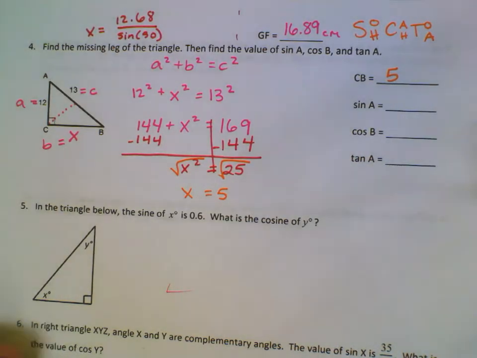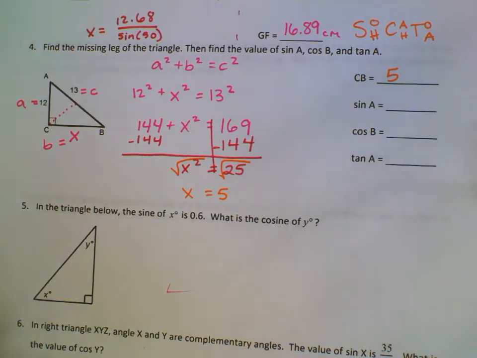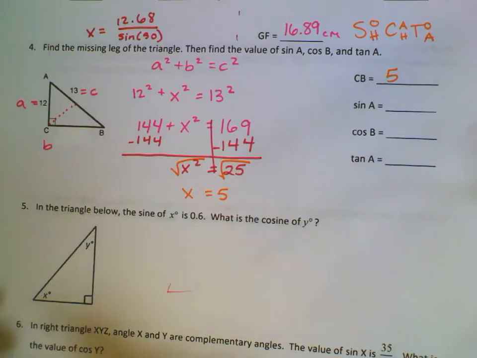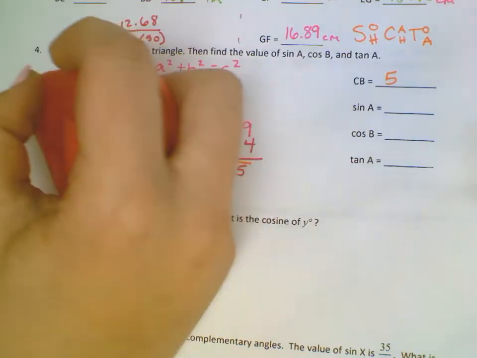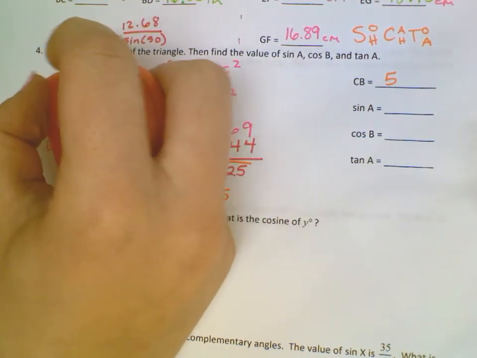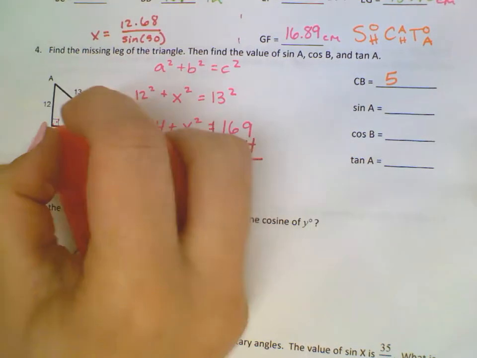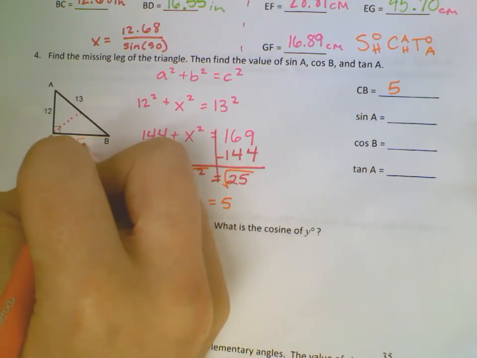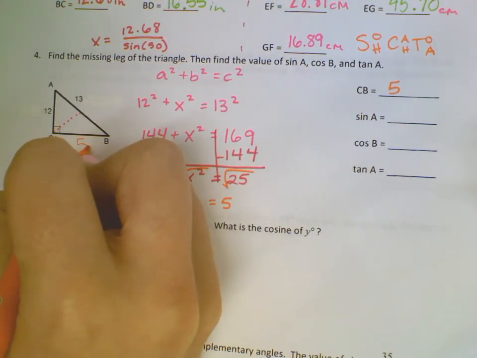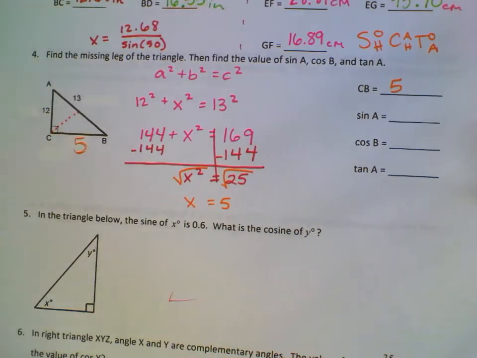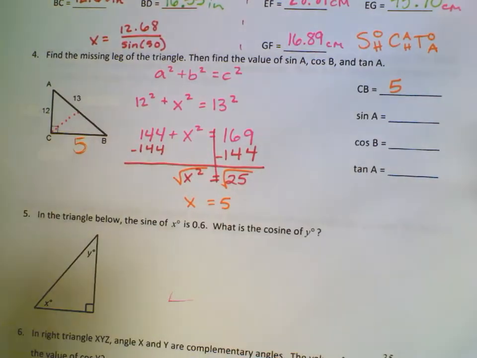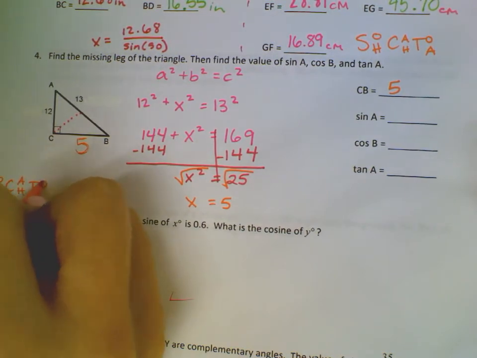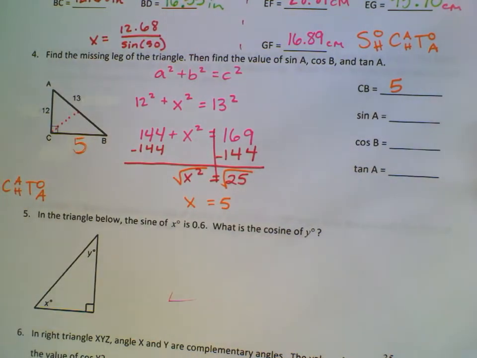And just so I don't get confused, I'm going to erase this real quick so I don't have all these letters running around and we can see everything clearly. We just solved, and this is 5. Now, it says sine of A. We need to remember SOHCAHTOA. That helps us with our trig functions and ratios.